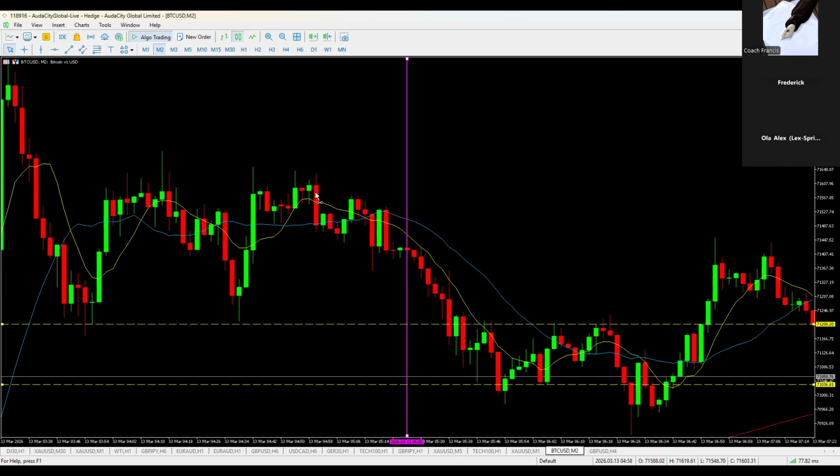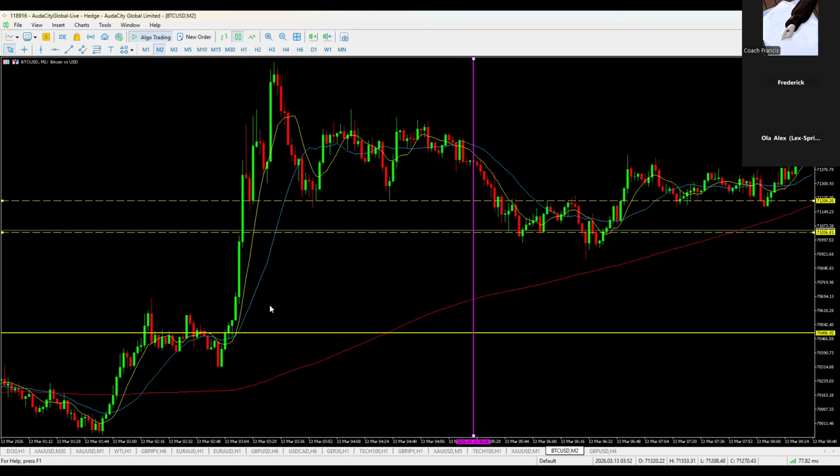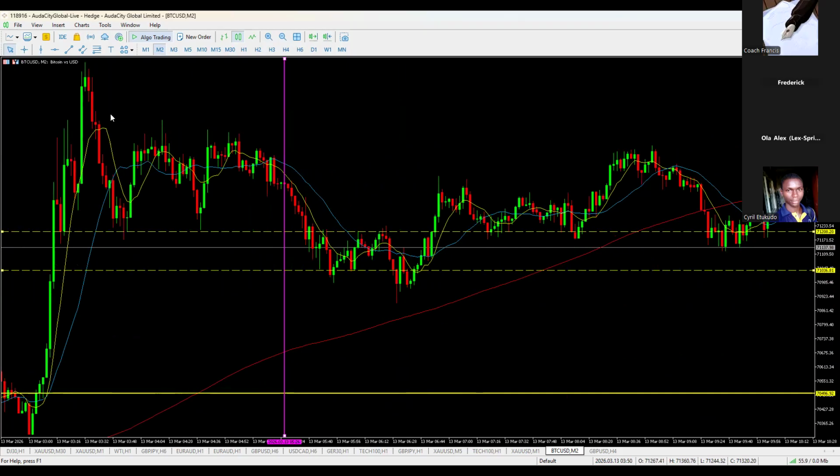Obviously, we see the reverse is true as well. We may consider the fact that the price had moved. It's an extended move. After an extended move, expect some kind of pullback. Now, guess what? This one pulled back before going back up.